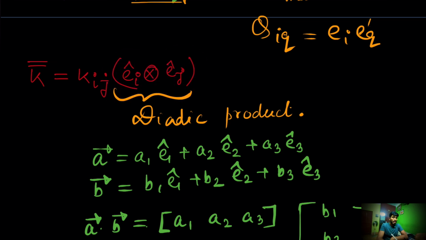When we are representing a vector, only one basis vector is enough, that is, 3 components of that vector are enough if we are representing a 3-dimensional vector. But whenever we are representing a tensor, we need 9 components formed by those basis vectors. And if we need 9 components, then we have to go by this dyadic product.